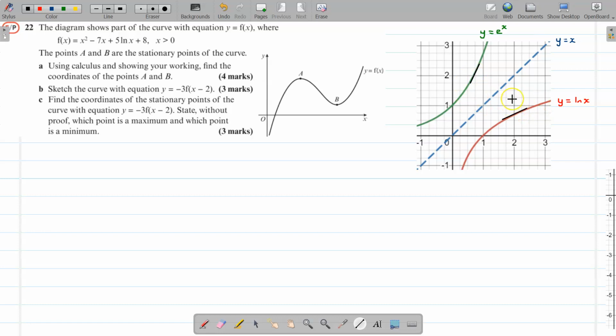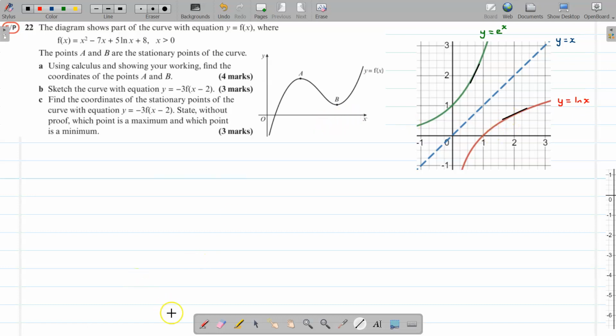Because the y coordinate of this becomes the x coordinate of this when you take the inverse function, I can see that the gradient here is 1 over x, because it was 1 over the y coordinate of this, which is 1 over x. So the gradient of the function y equals log x is actually 1 over x. And that is the differential of the function log x, 1 over x.